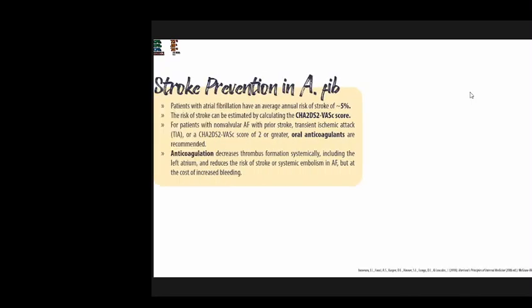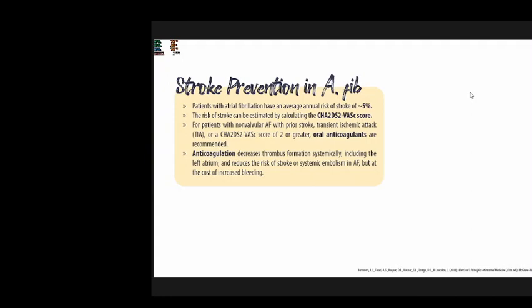Next is stroke prevention. Patients with AFib have an average annual stroke risk of 5%. The risk of stroke can be established by calculating the CHA2DS2-VASc score, and for patients with non-valvular AF with prior stroke or transient ischemic attack or a CHA2DS2-VASc score of 2 or greater, oral anticoagulants are recommended.